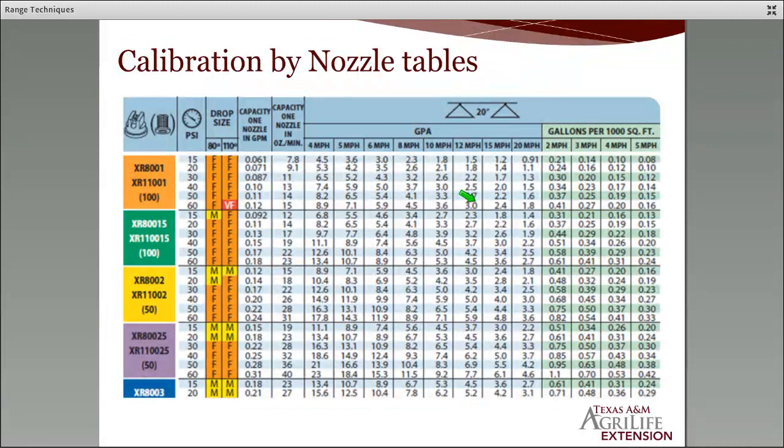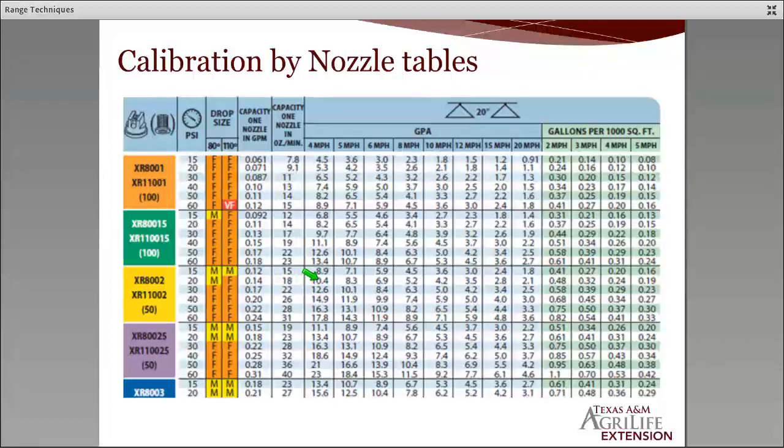If we zoom in and look up close at one of these tables, this right here is the size of the droplets. M is for medium, orange is for fine. Over here we have PSI, and then you have GPA at various speeds.